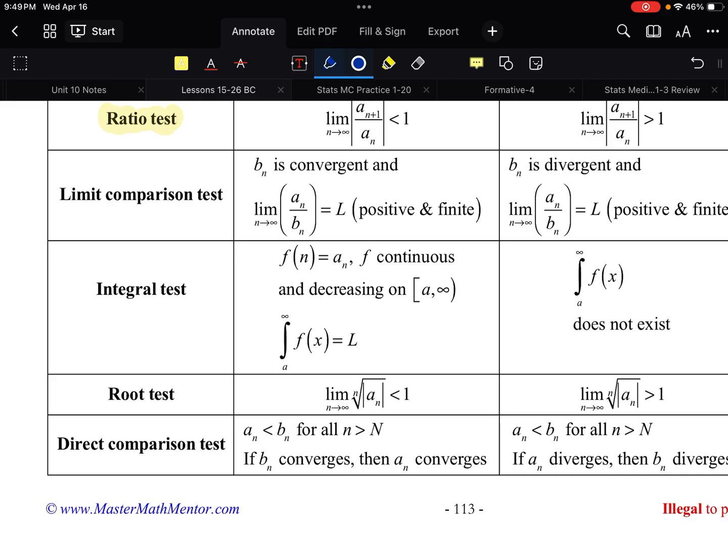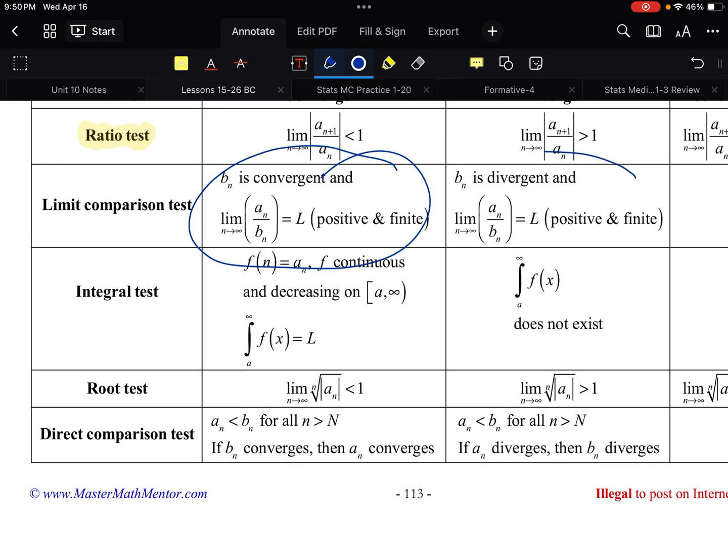So what's happening here is I'm going to take my problem and I'm going to divide it by something that I know converges. So if you can do that and get a limit, then it's convergent. And if you divide it by something that is divergent, then the whole thing is divergent.